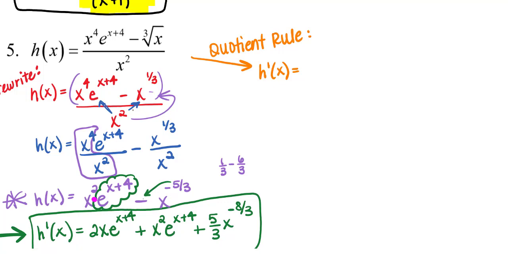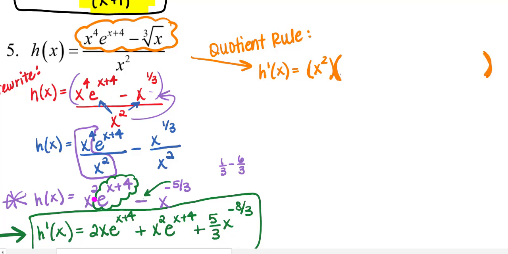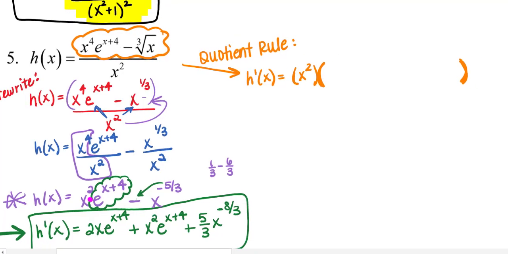So low, so that'll be x squared, d high, and here's where I have to be really careful. When I'm doing the derivative of that high, I have a product within this high. So here's my overall parentheses, and I need to honor that. So it's low times all of this d high here.